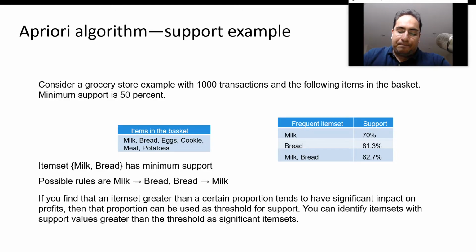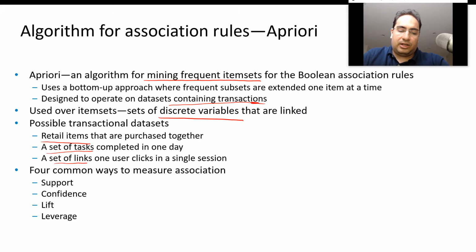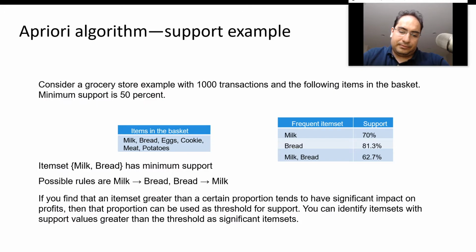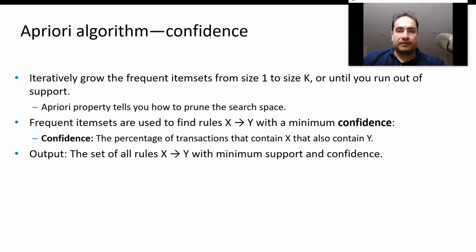So we can use another measure to find the significance of that threshold or support, and that is called the confidence measure. Confidence is defined as the percent of transactions that contain X that also contain Y. That's how we define the confidence.